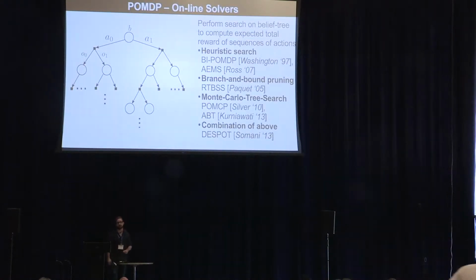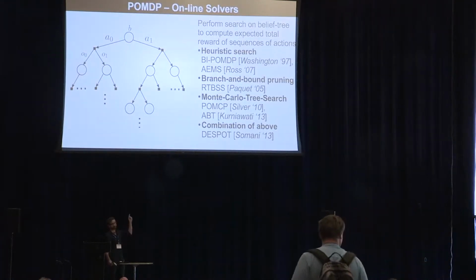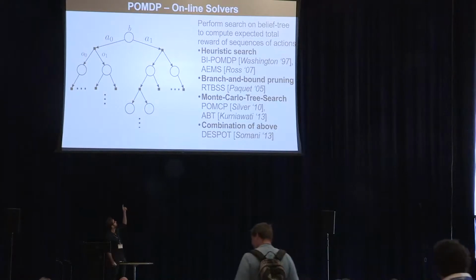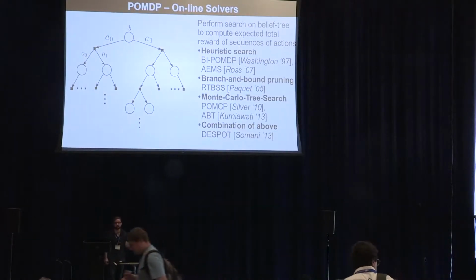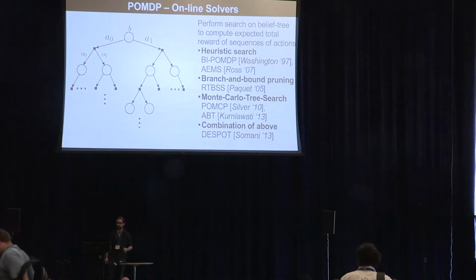Nowadays, we have some very efficient, approximate online solvers, where the idea is to balance optimality with computational tractability. Online solvers, instead of computing a policy for the entire belief space, typically compute a policy with respect to the current belief only, usually by performing forward search on a belief tree, where the nodes represent beliefs and the edges represent pairs of actions and observations.